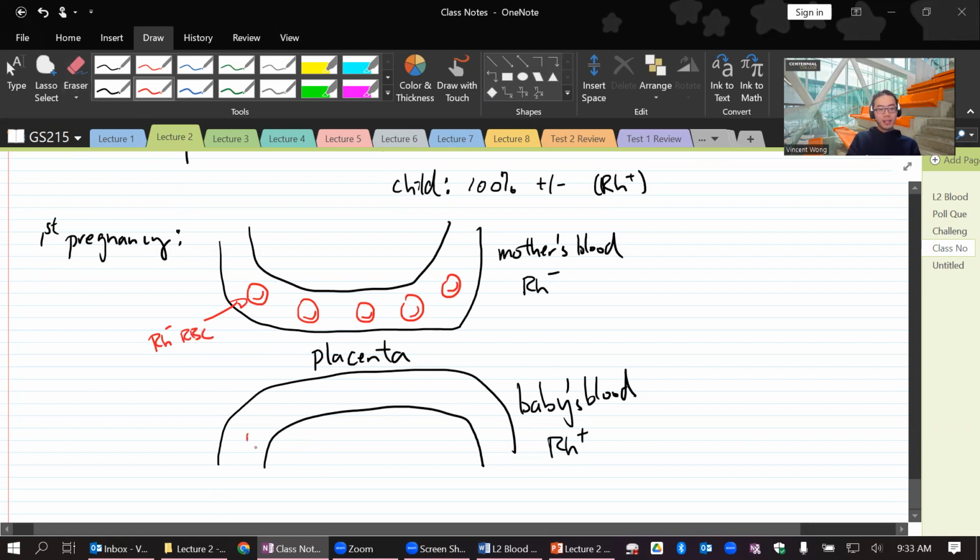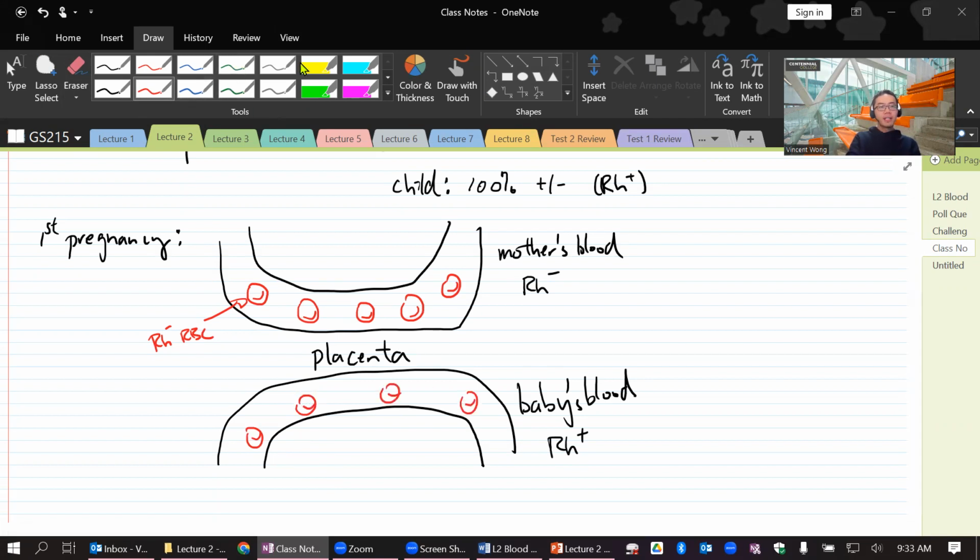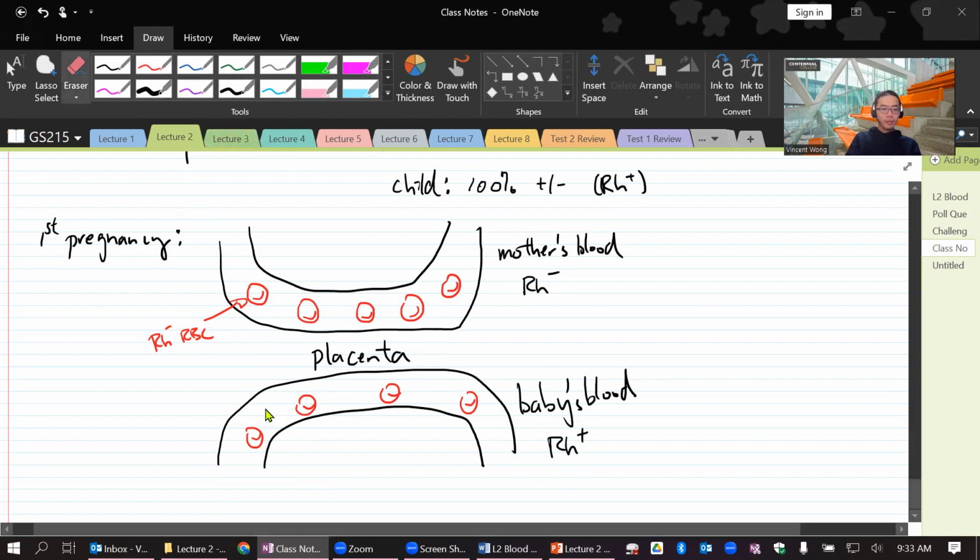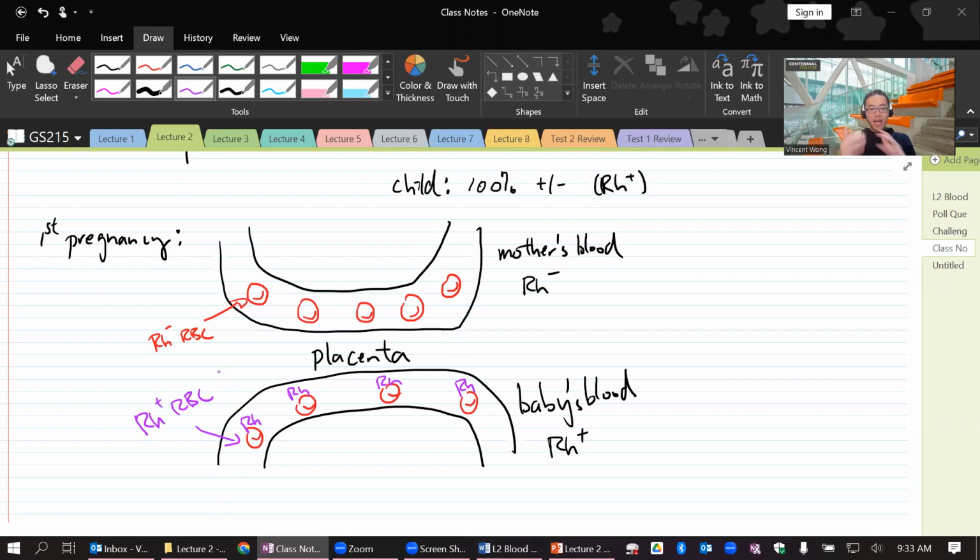And for the baby, we will have blood cells, but because they are Rh positive, we're going to put Rh on them. Okay. So like I said, the placenta does a pretty good job separating the mother's blood cells and the baby's blood cells. There is no mixing, right? The nutrients can cross the placenta, the oxygen can cross the placenta, but we keep the red cells separate.